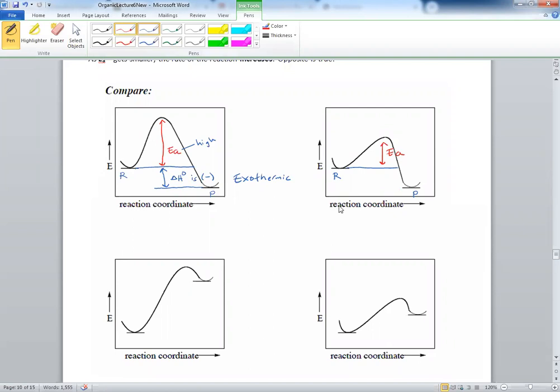And the difference between the products and the reactants is delta H. Now, is delta H positive or negative? It's still negative. So this one is also exothermic.